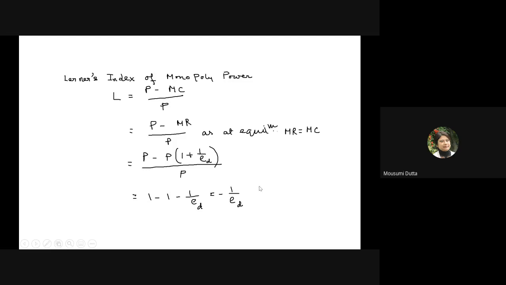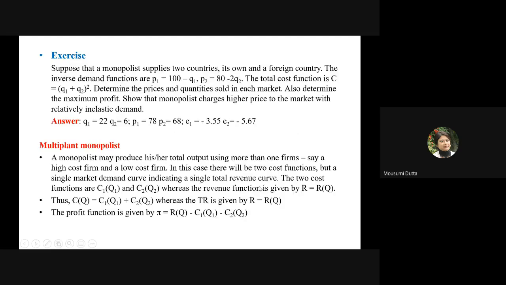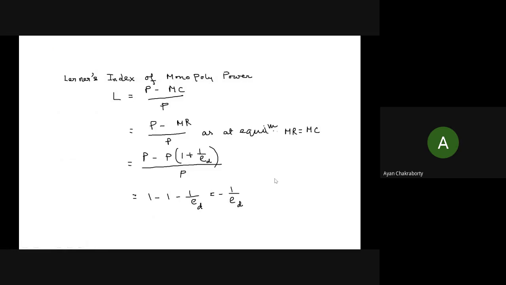Okay. So keeping this point in our mind, we will proceed to this numerical exercise. Ma'am, here ED we will calculate at the same price quantity combination only. Once more, I am saying when we are comparing ED, we will calculate with the same price quantity combination only. Yes, the price determined at equilibrium.